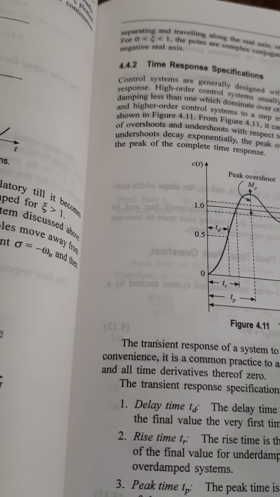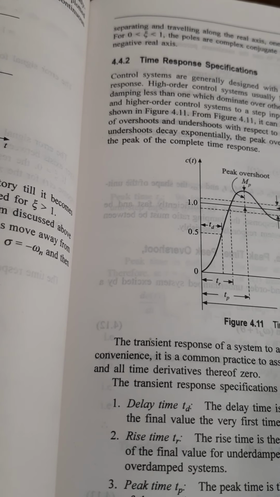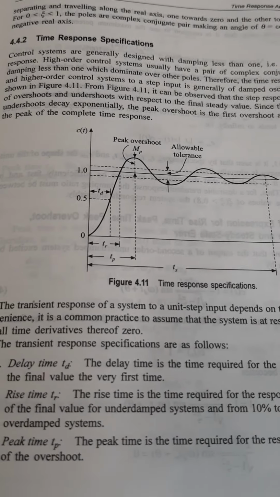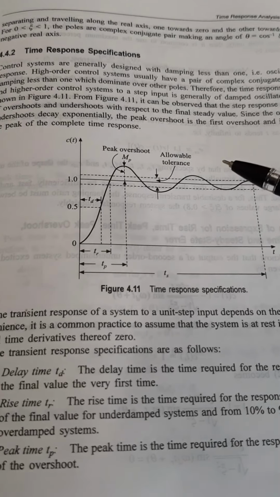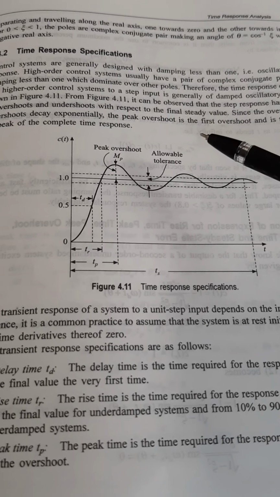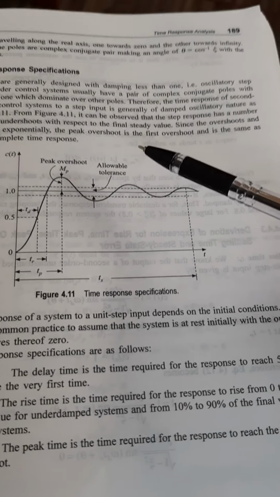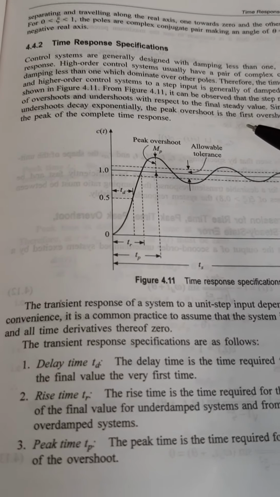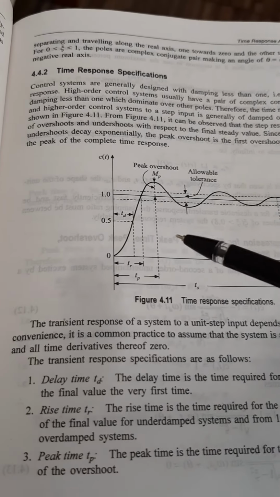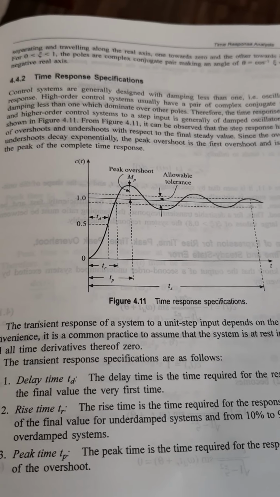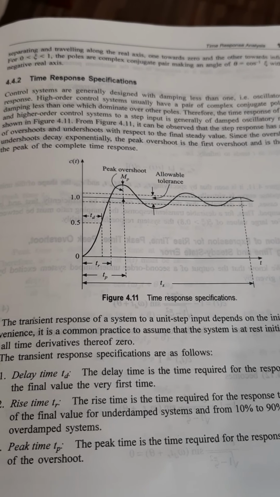So here in an overdamped system it is 10% to 90% of the final value.